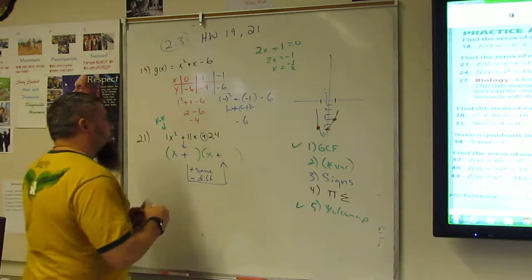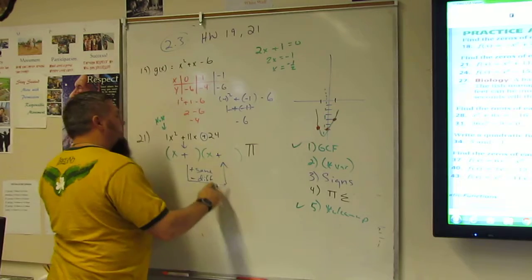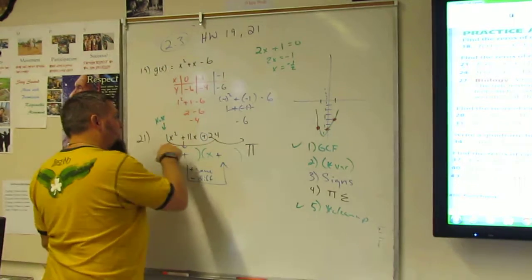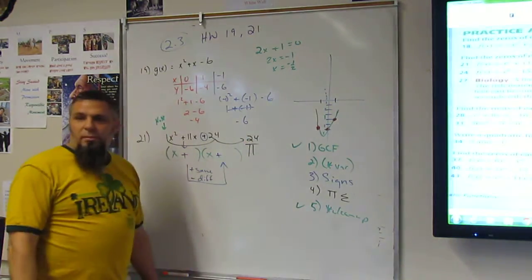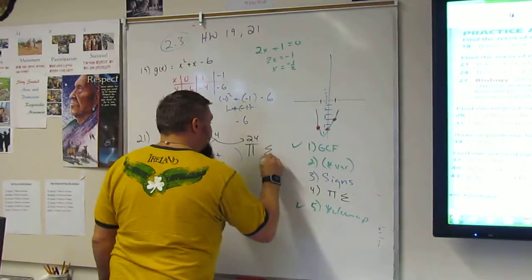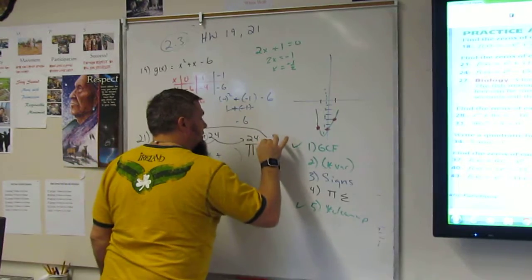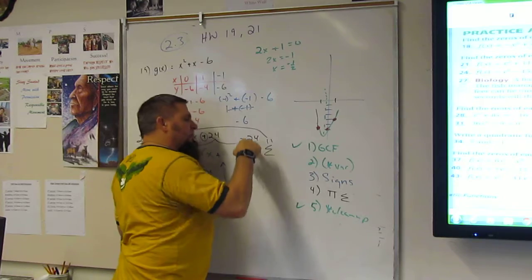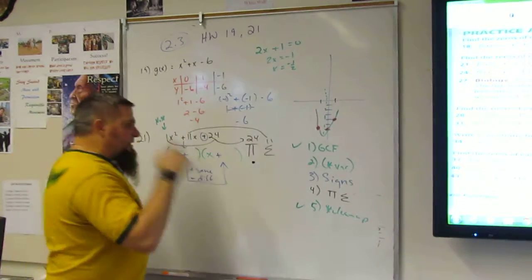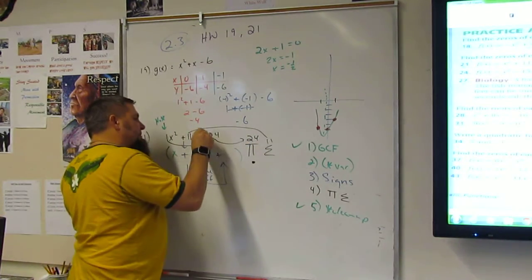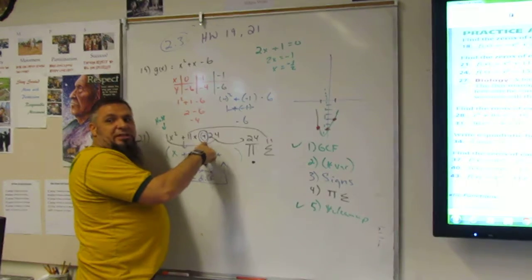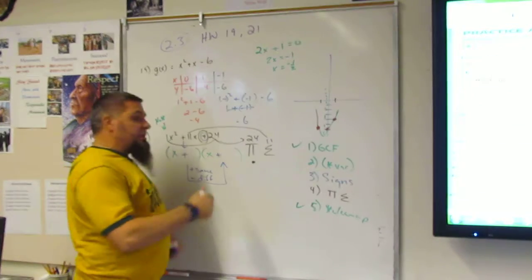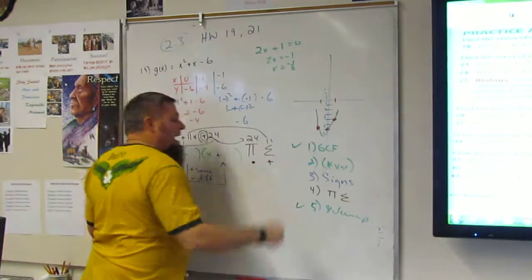So I have a product, which means I'm going to take this number times this number, which is 1 times 24. And then the sum, which is this middle number, 11. To find the product, I find 2 things that multiply to be 24. And to find the sum, I find 2 things that, in this case, add. I'm always looking at this sign. If this were a minus, they would subtract to be 11. But this is an addition, so they're going to add to be 11.